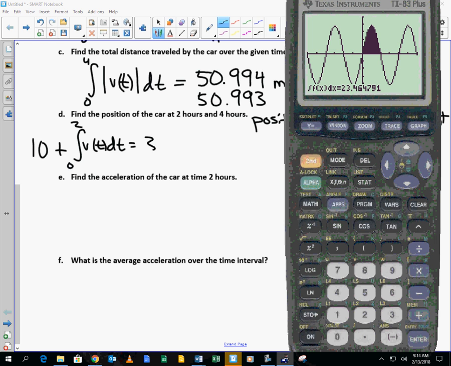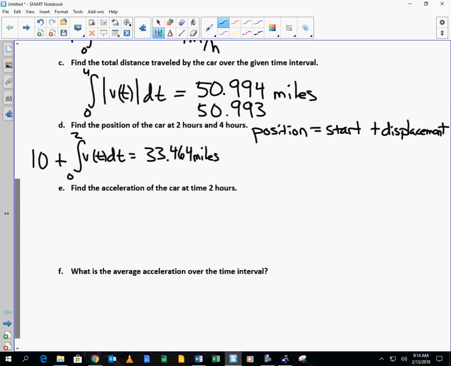So that equals 33.464. That's its position. In order to do 4 hours, I would take 10 plus the integral 0 to 4 of v of t dt. Yep, we already computed that. The integral from 0 to 4 is -4, so therefore we have 6. Everybody clear on that? Is there any question about that piece?